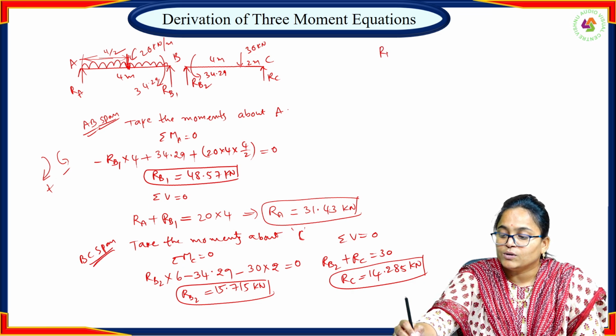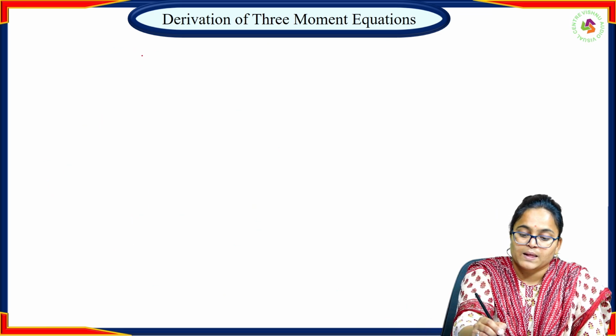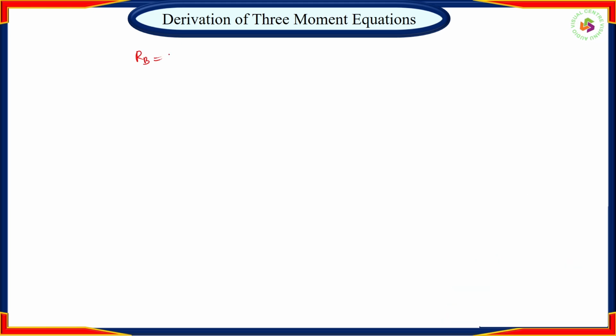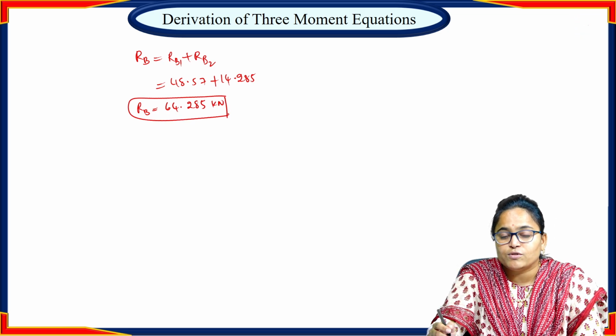So total RB is RB1 plus RB2, that is 48.57 plus 14.285. So we'll get the total reaction at B as 64.285 kilonewtons.